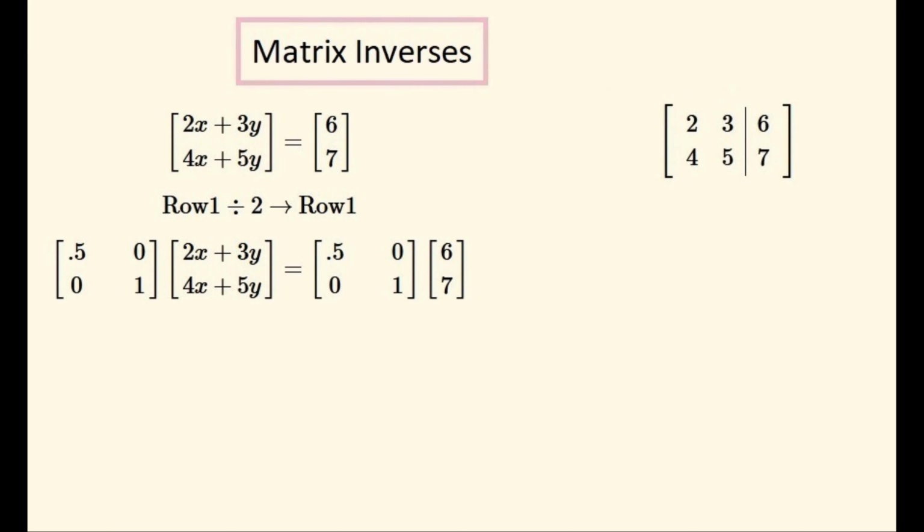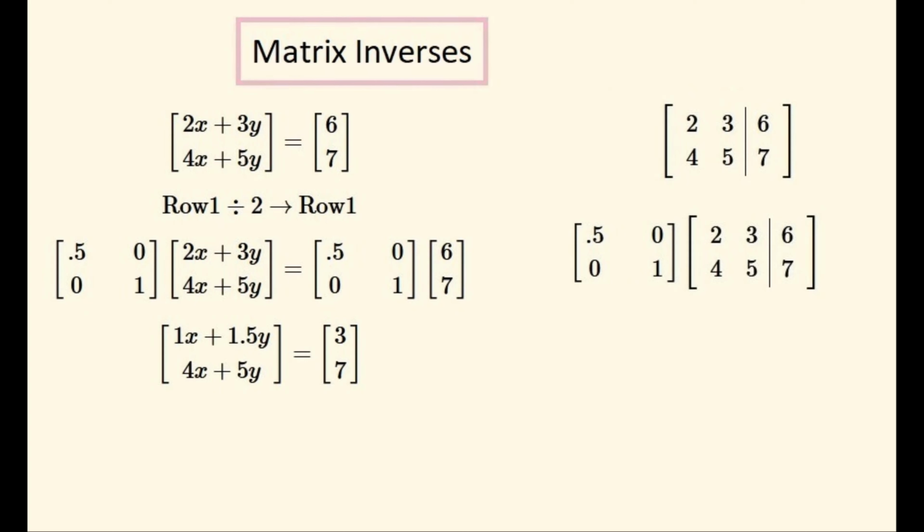We'll perform a row multiplication operation on this first representation by multiplying it by this row operation matrix on both sides of this equation. And this parallels with this row operation matrix being multiplied on the left-hand side of this augmented matrix. Simplifying the equation on the left-hand side gives us this vector equation.